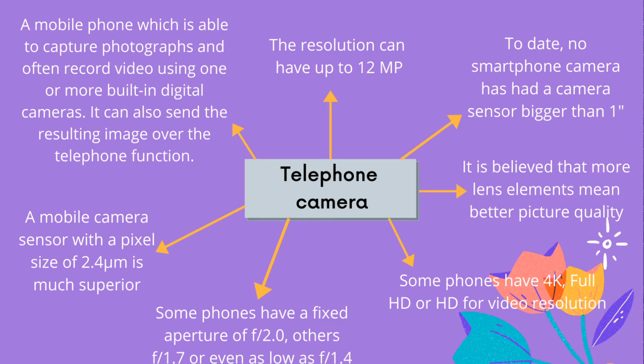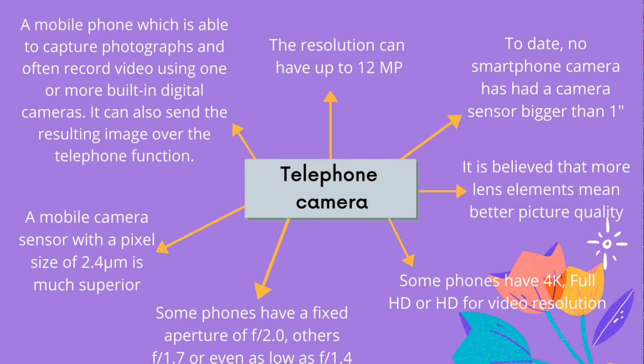And next, today, no smartphone camera has had a camera sensor bigger than 1 inch. Next, it is believed that more lens elements mean a better quality picture. And then some phones have 4K, Full HD or HD for video resolution. That's quite good.